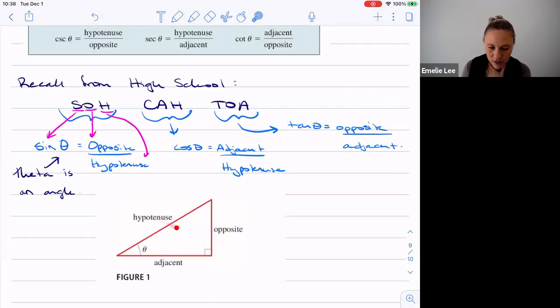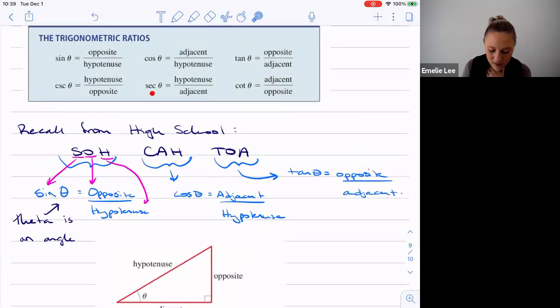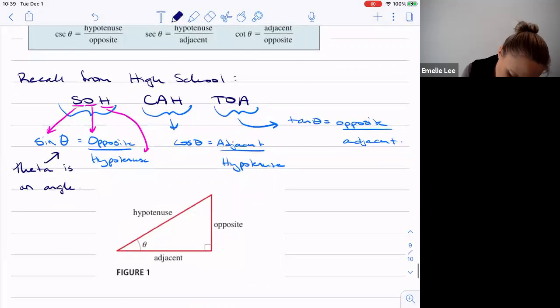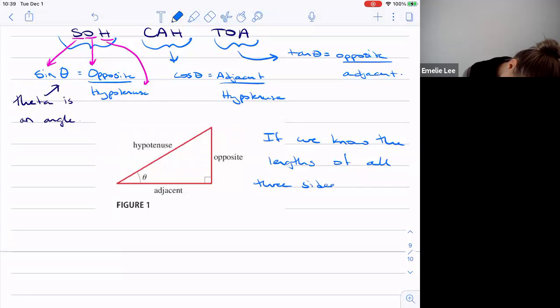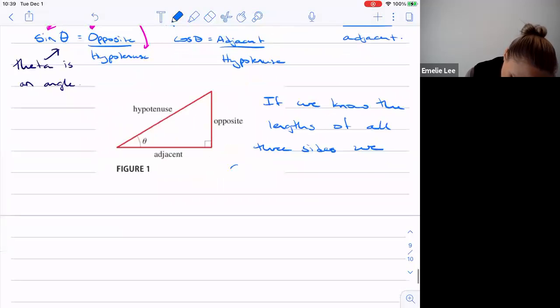Knowing these 3 sides, I can find sine theta, cos theta, tan theta. I can even find cosecant, secant, and cotangent. So what I'll say here is that if we know the lengths of all 3 sides, we can easily solve for the 6 trig functions of theta.